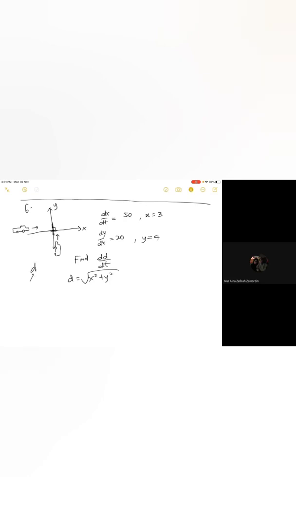In D there are x and y, in x there is t, and in y there is also t. So if you want to find dD/dt, you have to find dD/dx times dx/dt plus dD/dy times dy/dt. From the distance formula, this x and y is given.